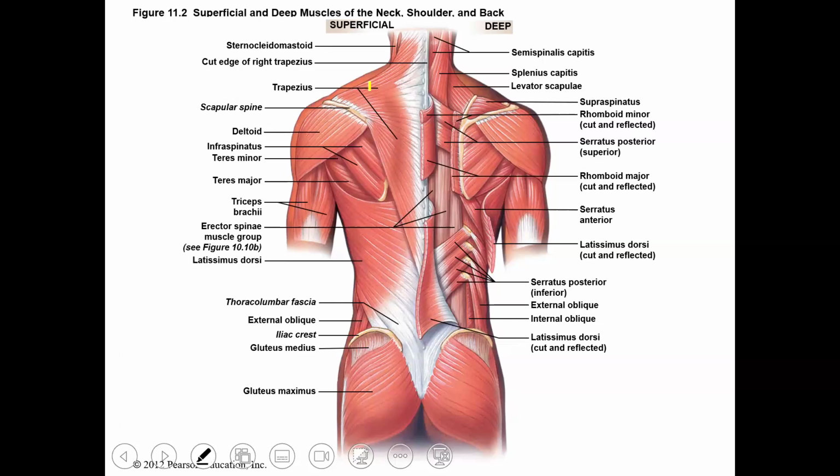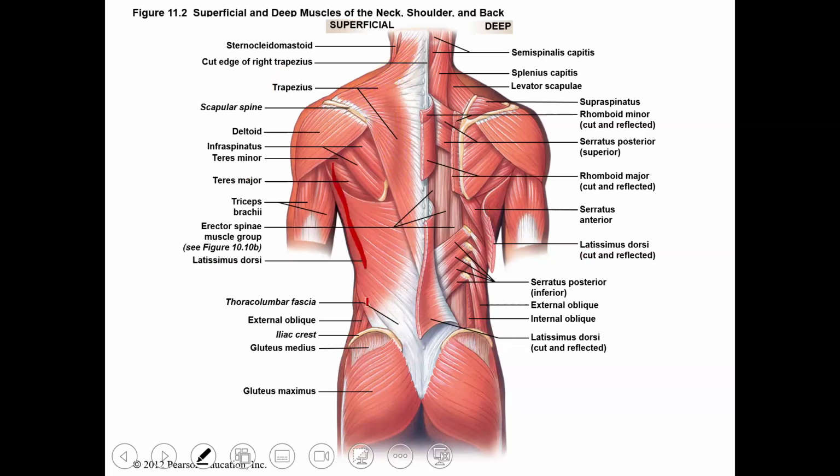All right, trapezius is up top here. Latissimus is lower. L for latissimus, L for lower. And you're going to see it retracted away here, but it's this right here. You can see it on this side here. So this is the latissimus.